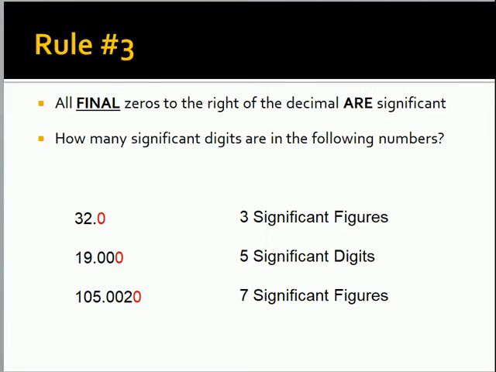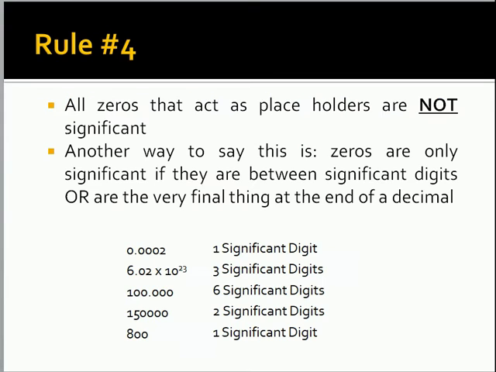And the last one, rule 4. And then you finally have zeros that act as placeholders and they are not significant.